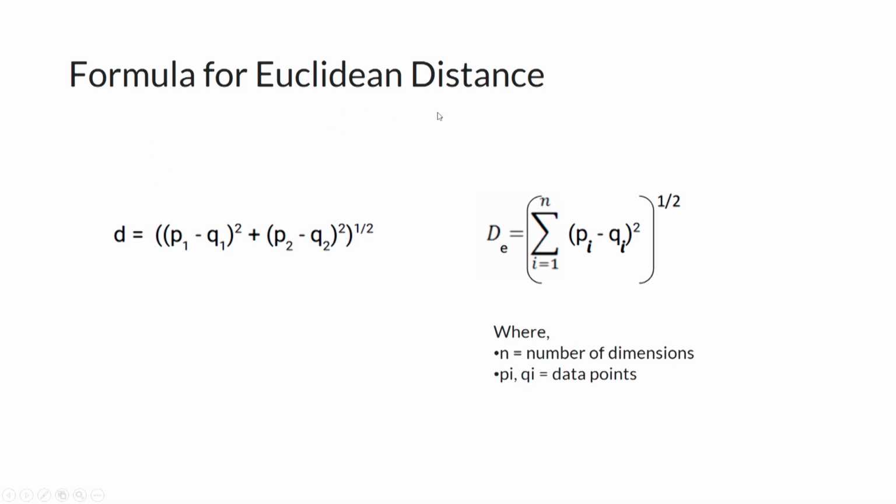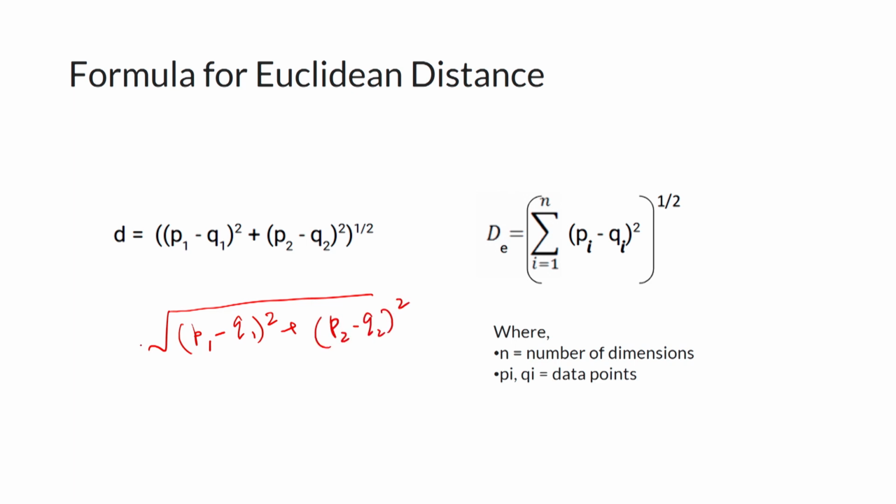First is Euclidean distance. This is a very famous metric for finding distance between two instances. The formula is written here: P1 minus Q1 square plus P2 minus Q2 square.